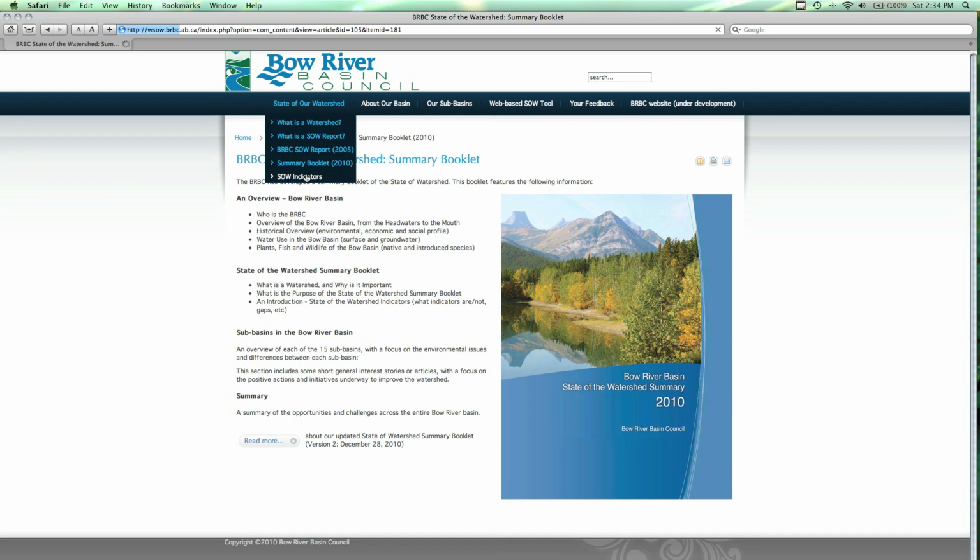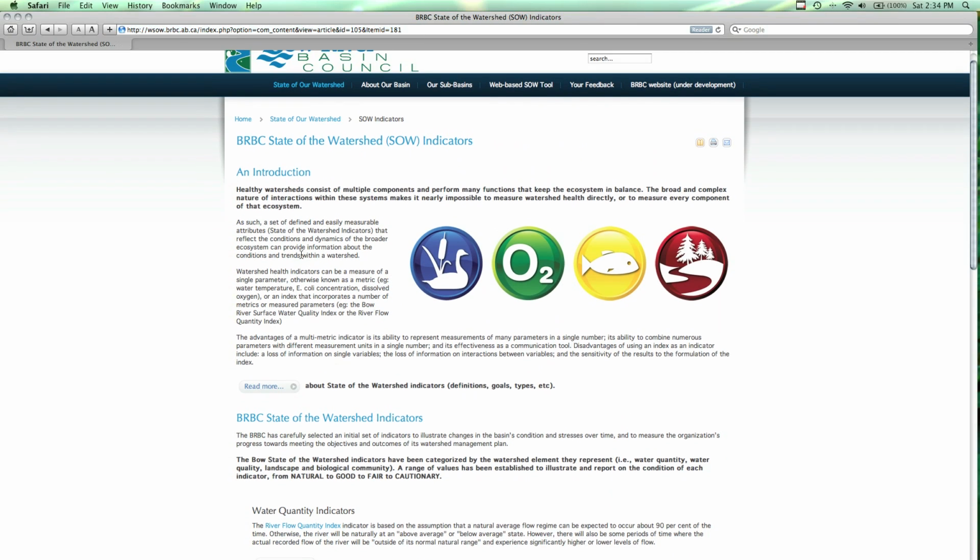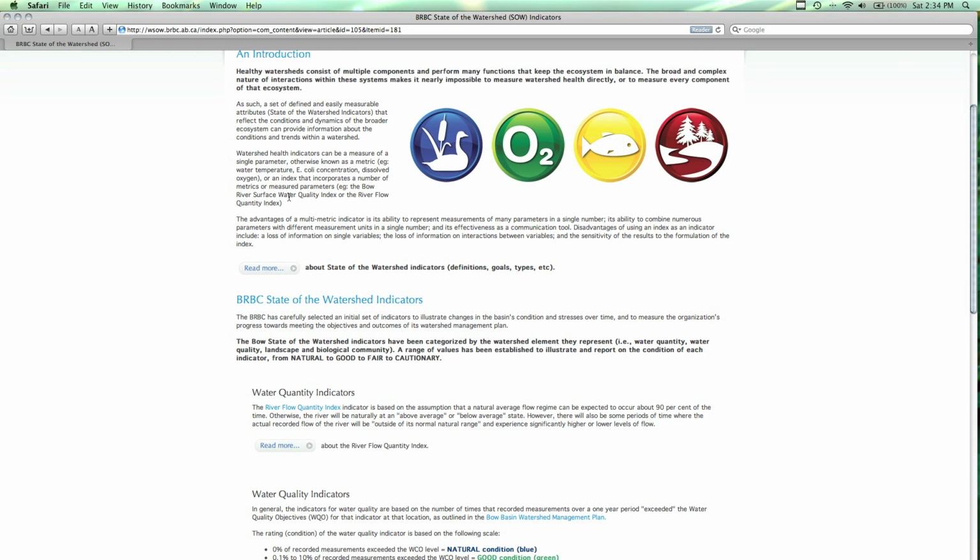And finally, this section provides an overview on State of the Watershed indicators. It provides an introduction to State of the Watershed indicators and the types of indicators that are available.